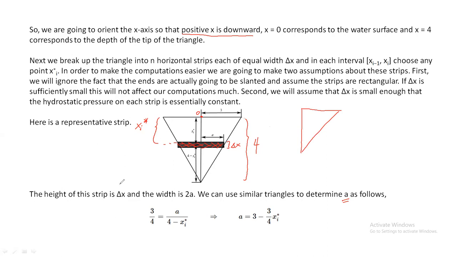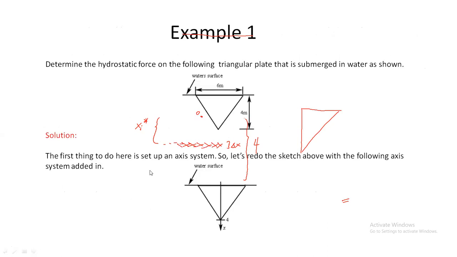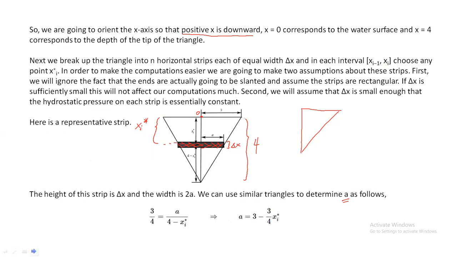Let me check why it is 3/4. Maybe it's given here. Okay. It's not stated in the problem, but the way it's drawn in our solution, this half of the base of the triangle is 3.